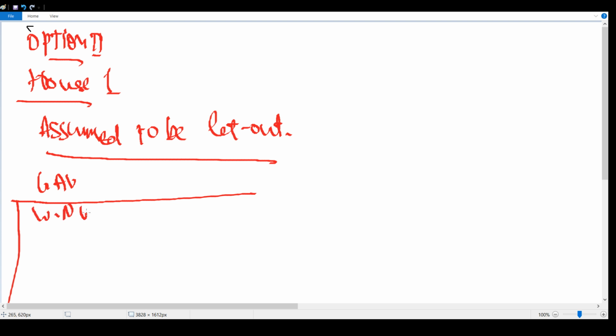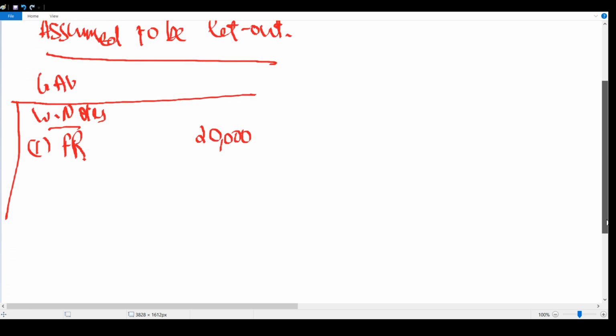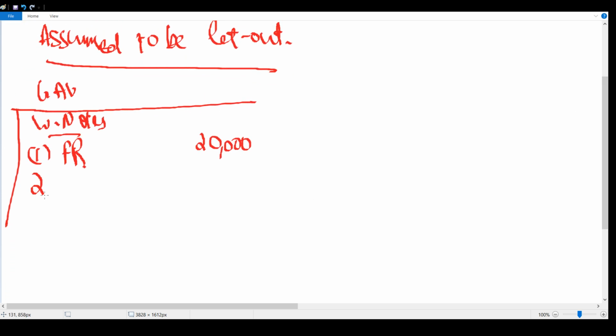Working notes. First, fair rent, 20,000. Second, municipal valuation, 55,000.